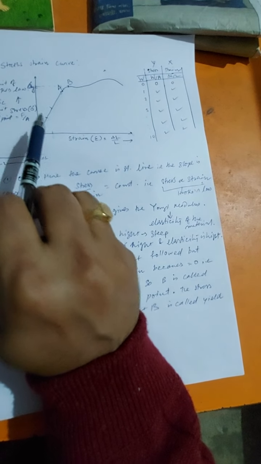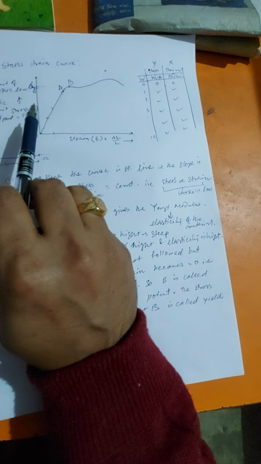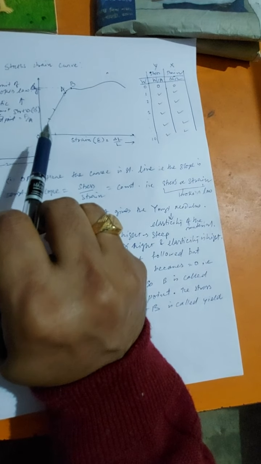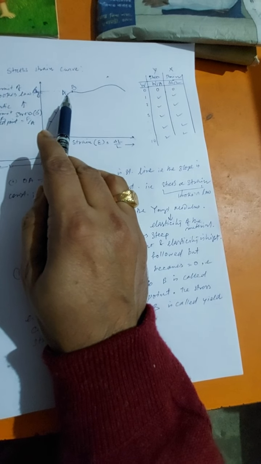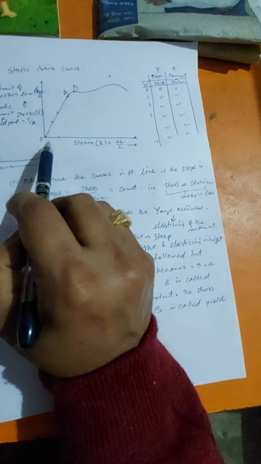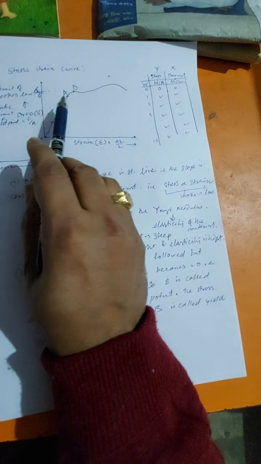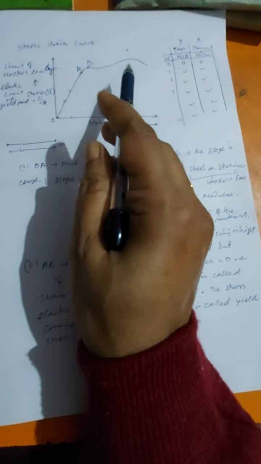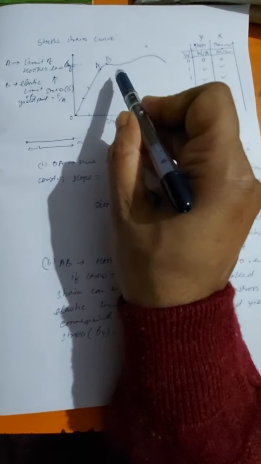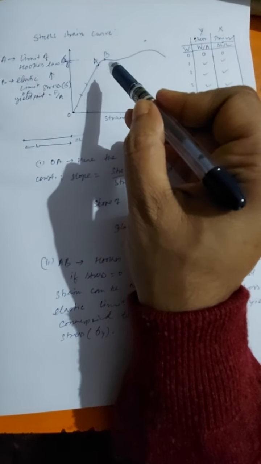Slope is dy by dx. So for a large change in y, there is a small change in x. But beyond A itself, as you can see, a small change in stress gives a large change in strain. And beyond B also, you can see the same situation, that with a small increase in stress, the strain increases very rapidly.